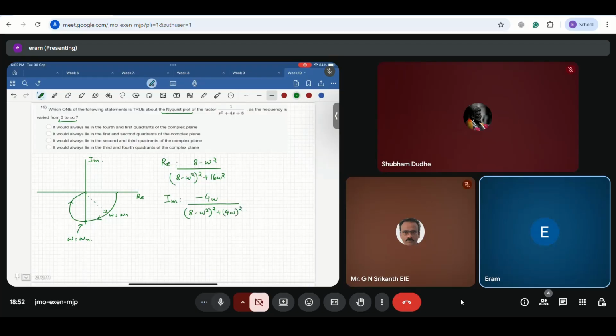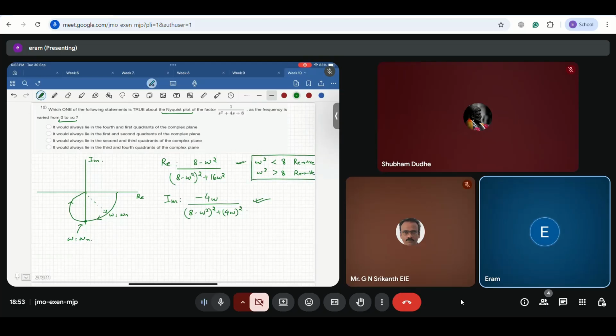Now from here you can see that if you vary omega from 0 to infinity, your imaginary part is always going to be negative. And what about the real part? The real part will be positive when omega square is less than 8, and for omega square greater than 8, your real part is going to be negative.